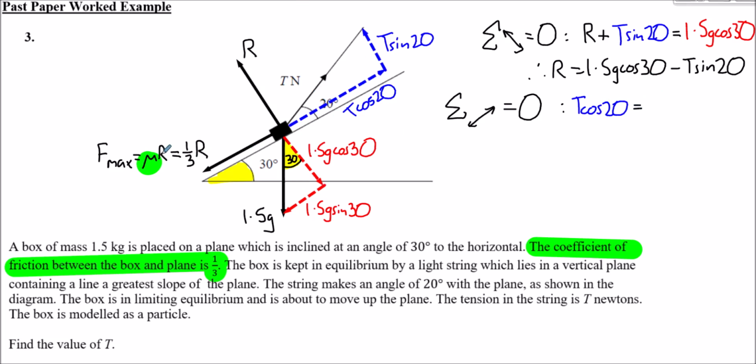Acting down the slope, we've got F max, which is mu r, which is 1/3 r, plus the component of the weight going down the slope, which is 1.5 g sine 30. However, we worked out an expression for r previously.